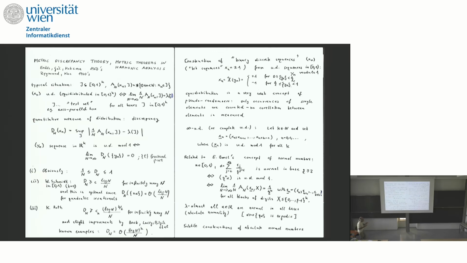But when I attended this lecture 50 years ago, Wolfgang Schmidt, in the second week, I think, proved his famous result, namely that for an arbitrary infinite sequence, one always has the lower bound of the order log N over N for infinitely many N.